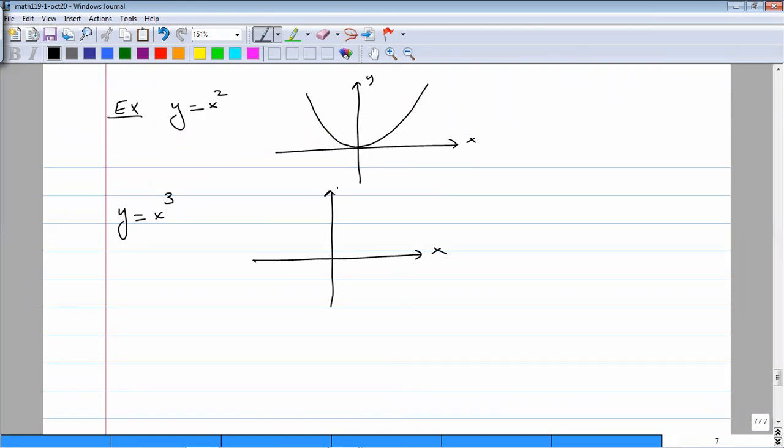Now for x cubed, both the domain and the range are all real numbers. So the graph is not symmetric with respect to the y-axis, it is symmetric with respect to the origin. So it goes like this.